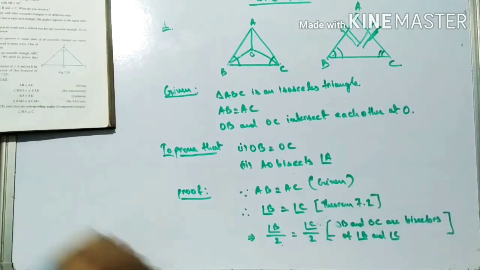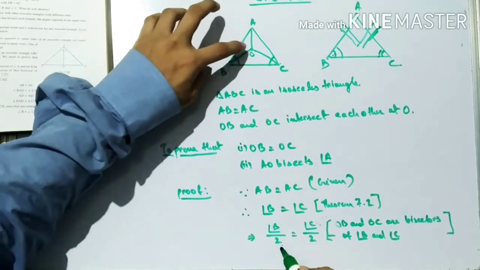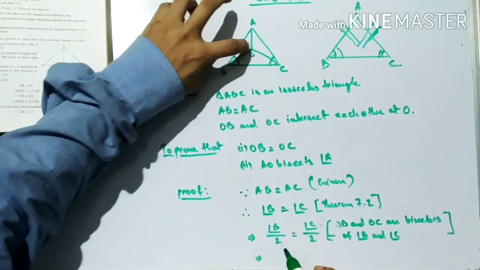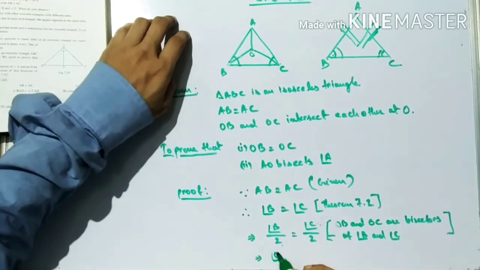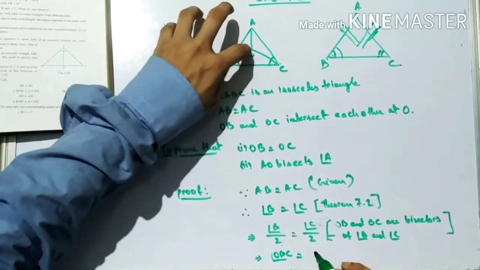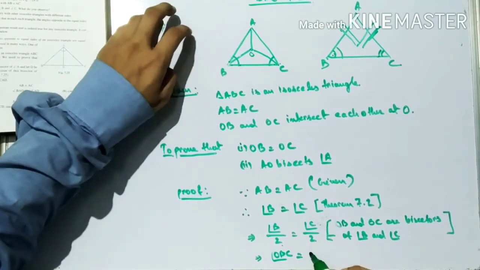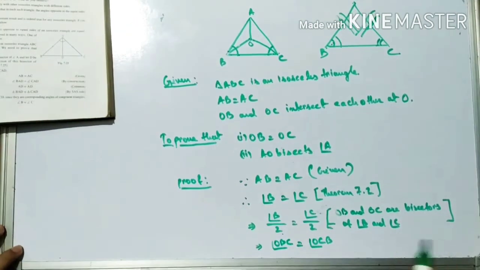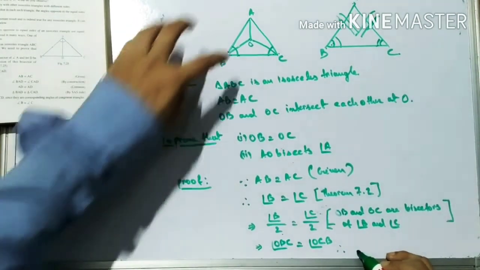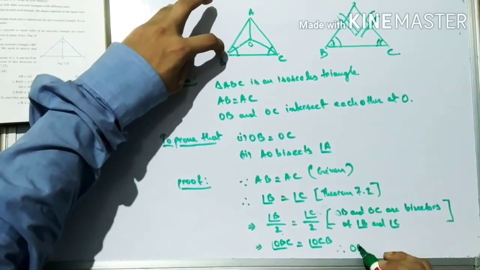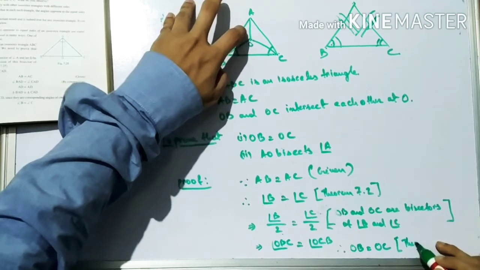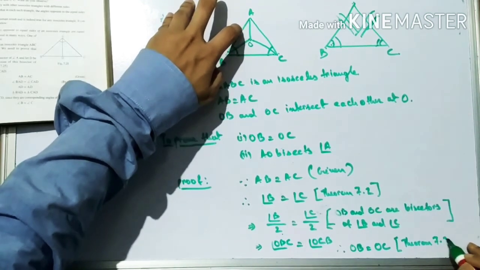So in place of angle B by 2 I will write angle OBC, which is equal to angle OCB. Therefore OB is equal to OC, and this is from theorem 7.3.